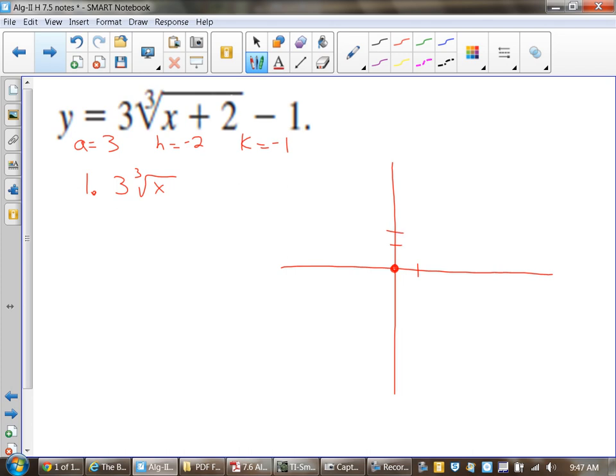So at 1, it's at 3. And then what's the cube root of -1? -1. And what's -1 times +3? So again, this is going to look like that.